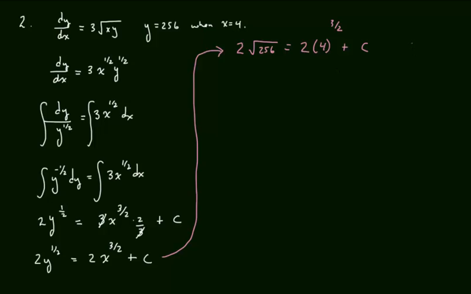If I solve for c in this case, c will come out to be 16. So then I have 2y to the 1/2 equals 2x to the 3/2 plus 16.